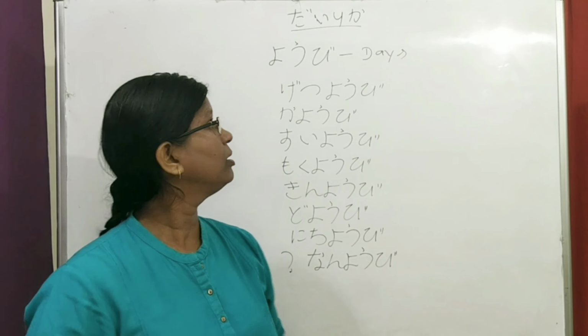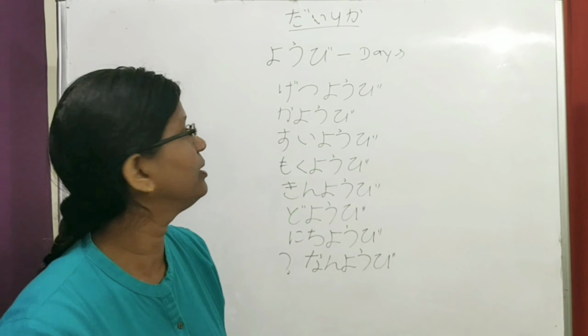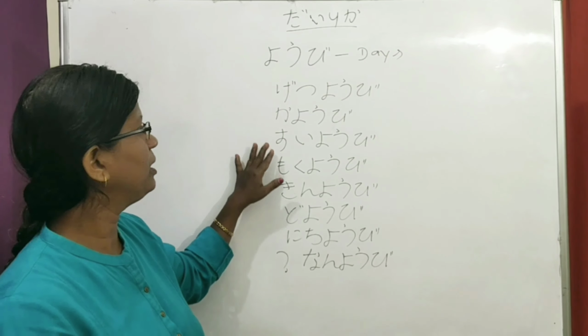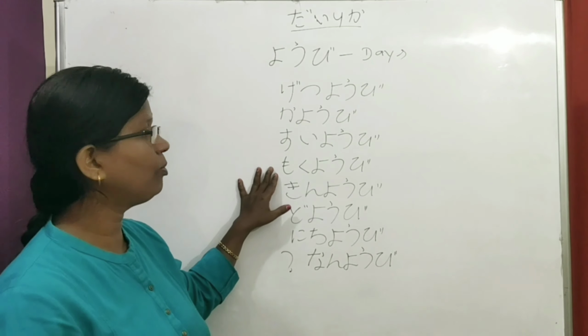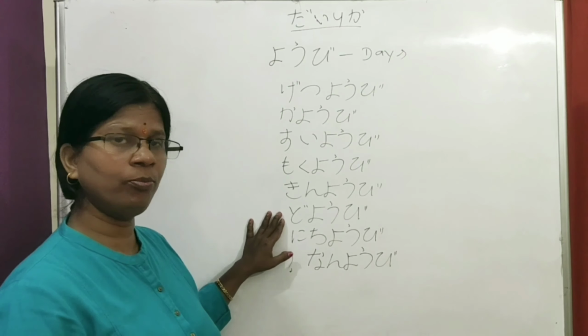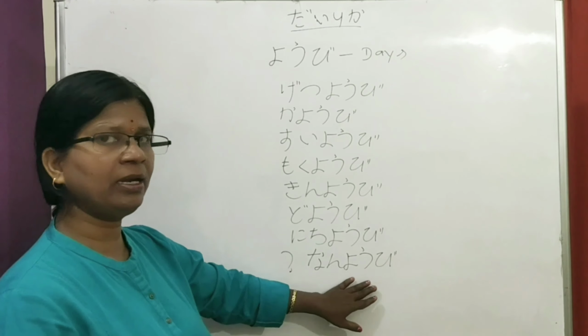Now learn yobi, which means days. Okay? Read. Getsu yobi, ka yobi, sui yobi, moku yobi, kin yobi, do yobi, nichi yobi. For the question, nan yobi.